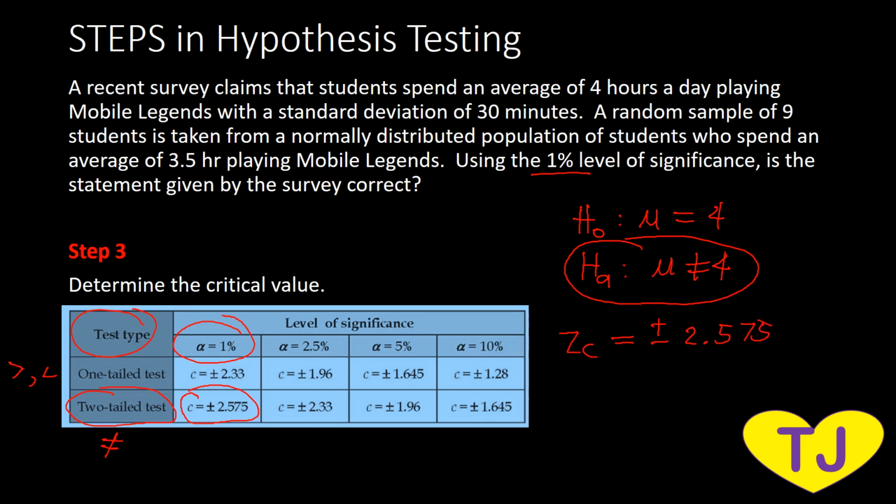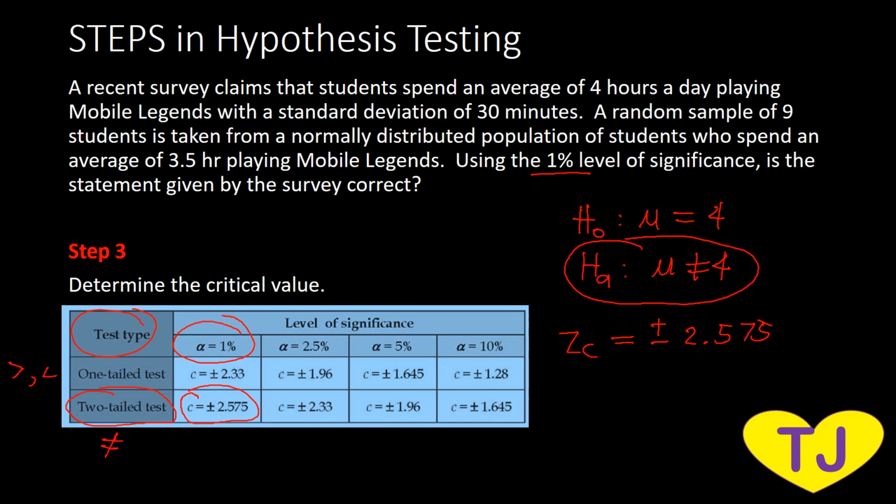So that will be my critical value. I'm using the Z here because we've known from step number 2 that our test is going to be a Z test. So that will be Z sub C, which stands for the critical value on your Z, which will be equal to positive, negative 2.575. Positive, negative, because you're having a two-tailed test.